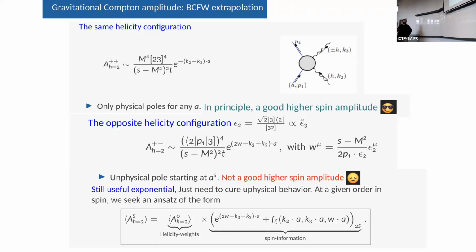We are going to propose an answer of this form: you factor out the helicity weights in the scalar amplitude, keep that exponential, but add a function of the spin operator that corrects the spurious pole, and can also have Wilson coefficients.